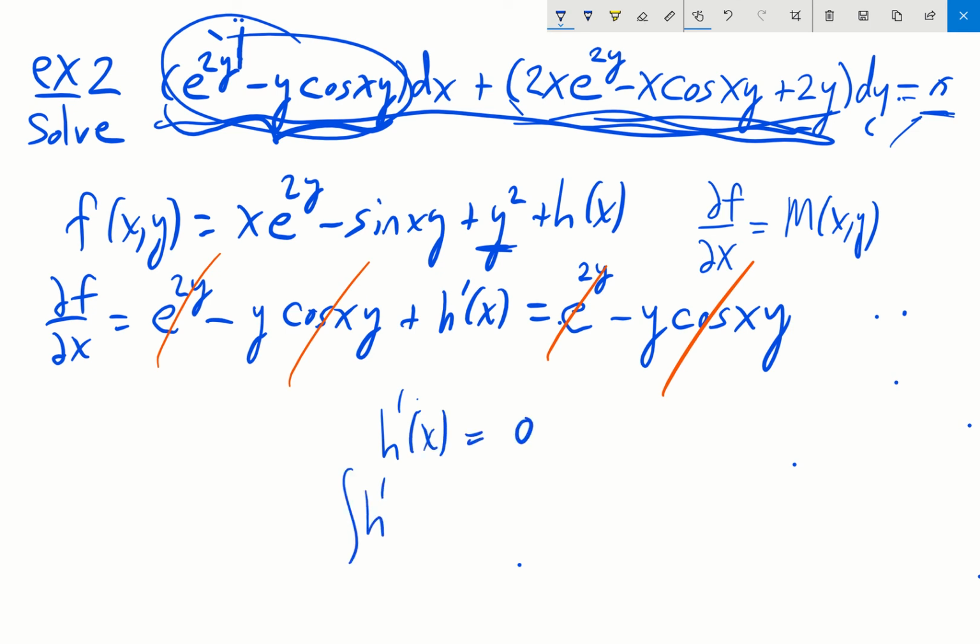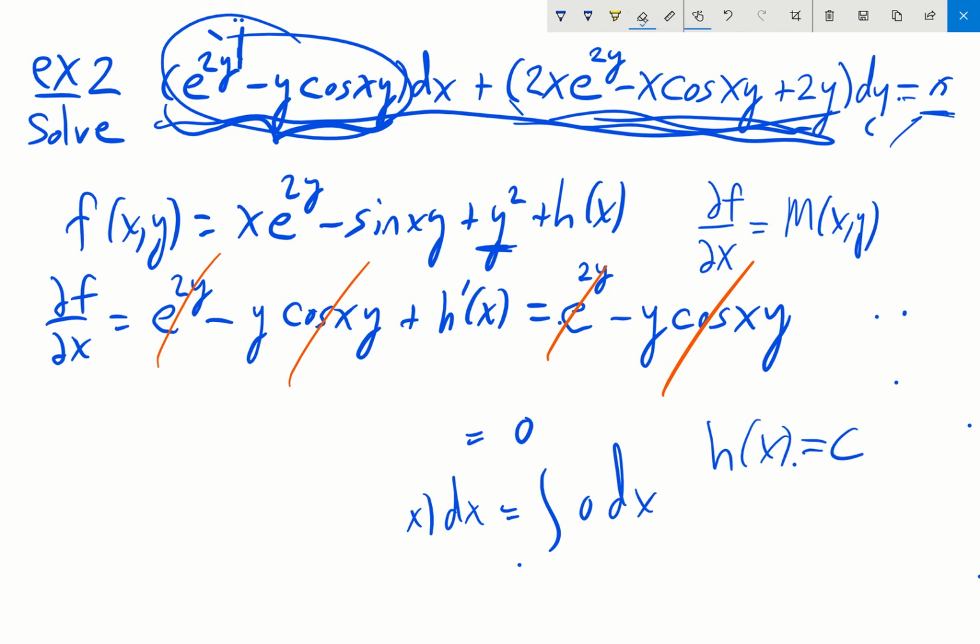We can integrate both sides with respect to x. And we simply get that h of x is nothing more than a constant. Okay. So for our solution, here's what we come up with.